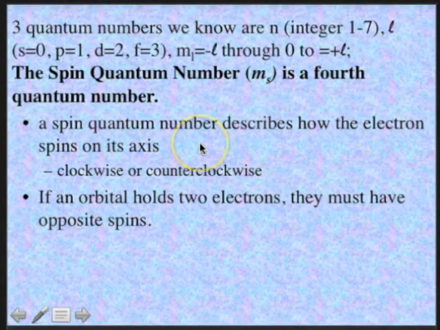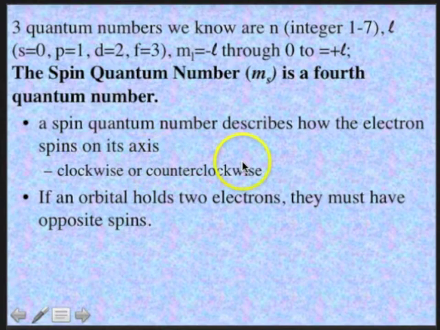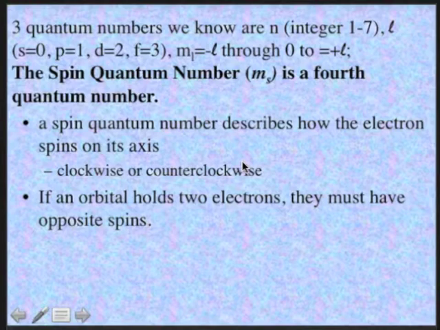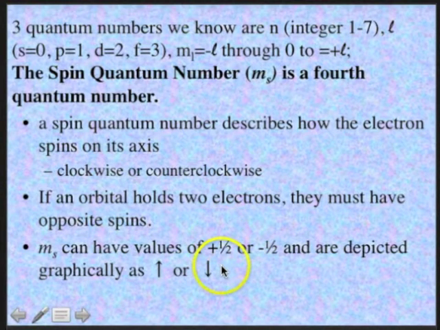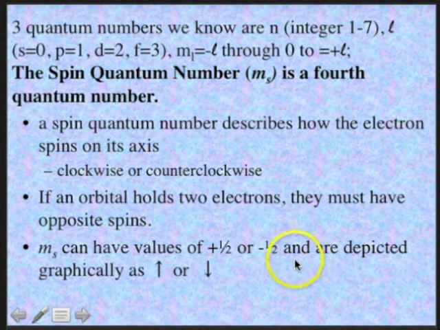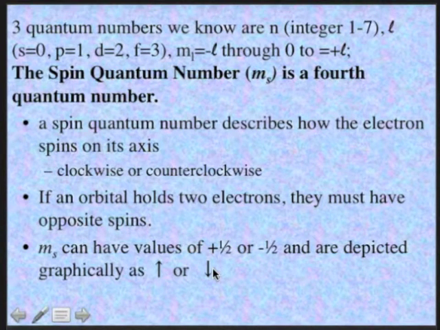A spin quantum number describes how the electron spins on its axis, clockwise or counterclockwise. If an orbital holds two electrons, they must have opposite spins. M sub s can have values of plus a half or minus a half, and are depicted graphically as an up arrow or a down arrow. Now, none of this probably makes much sense right now. By the end of today's lecture, all of this should become much more clear.